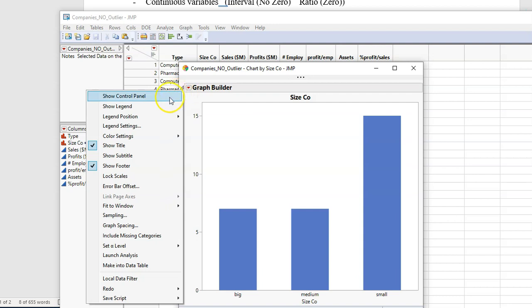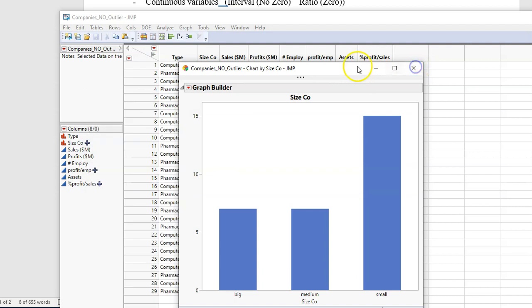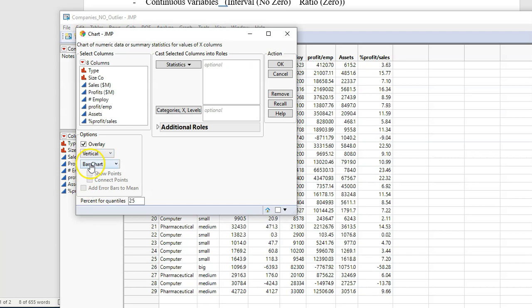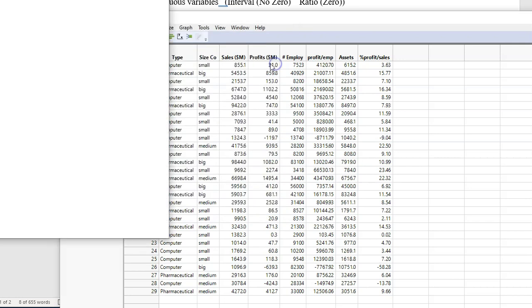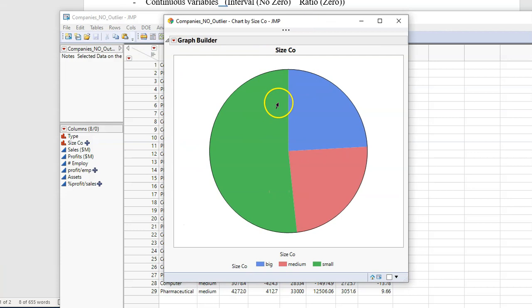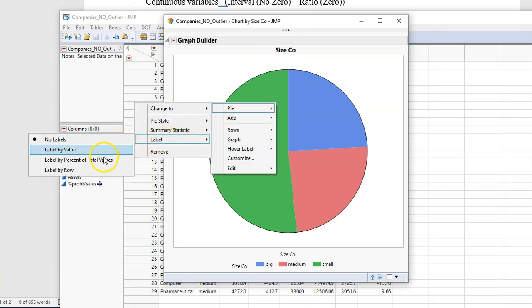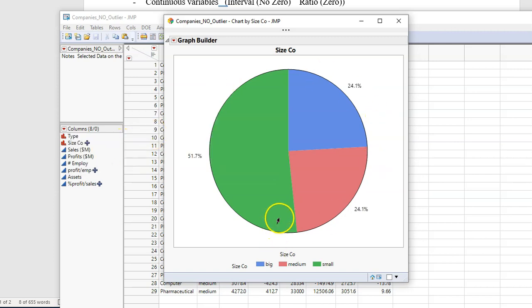You can also just do that from the beginning: go to graph, legacy and chart, and just change this to a pie chart and drag and drop size here into groups because we have categories, right? That's a pie chart. Right click, you can add labels to it, pie, label, like percent. I would do percent, you can do whatever the question is asking.